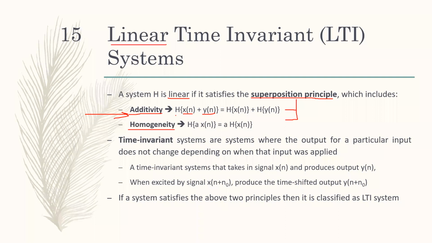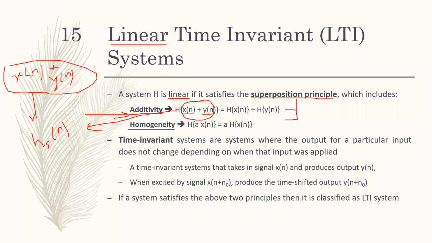Now, if I take this system and I try to identify its overall response, say, let us call it h_s of n for the system, for which the input is x of n and y of n combined, both together, and I want to see what its response is.